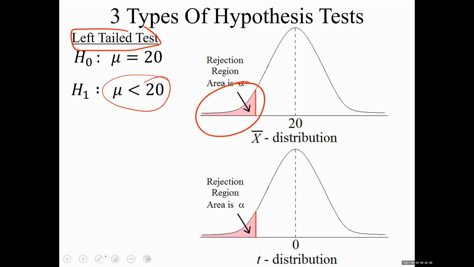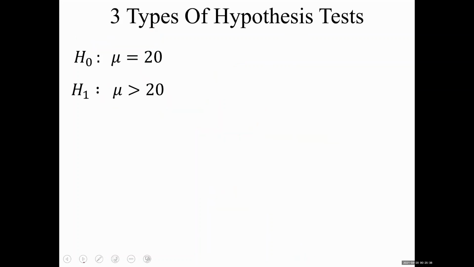Another type is if the peasant says greater than. So again, the king is always going to say equal, but what if the peasant says greater than? Okay, so same idea. How are we going to decide who to believe? We're going to take a sample, calculate X bar, and based on our X bar answer, we'll decide who to believe. So we have to look at the X bar distribution. So here's the X bar distribution.